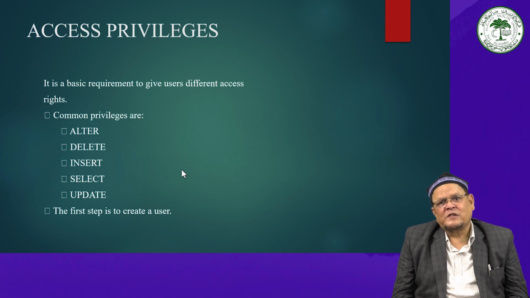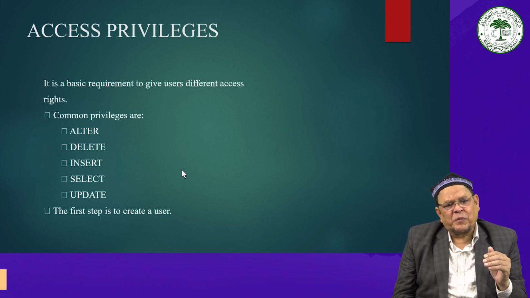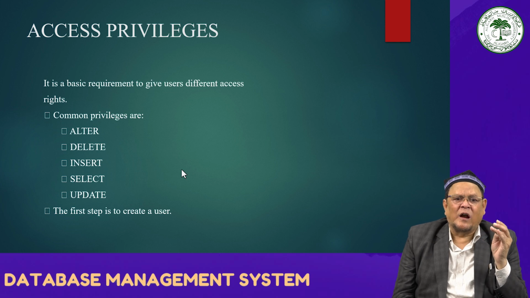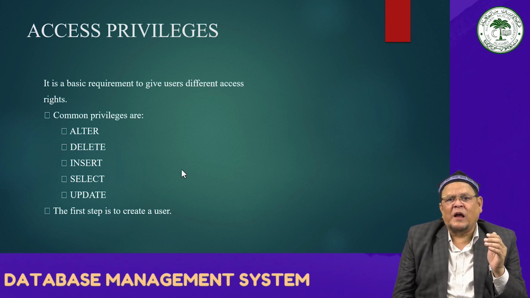Here we'll discuss the common privileges. Alter: you can alter the structure. Delete: if some employee has been fired, you have to delete. Insert: if some employee joins the department, you have to insert.